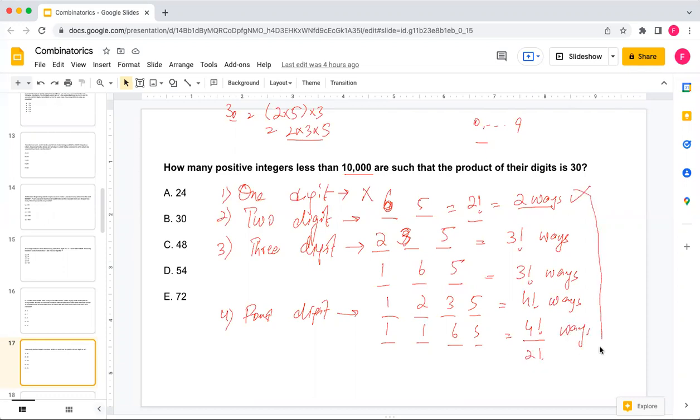Now just add all of these: 2 ways, 6, 6, 24, and 12 ways. If you add these, the sum is 50. That's why I told you that this is wrong. The answer is 50, not 54.